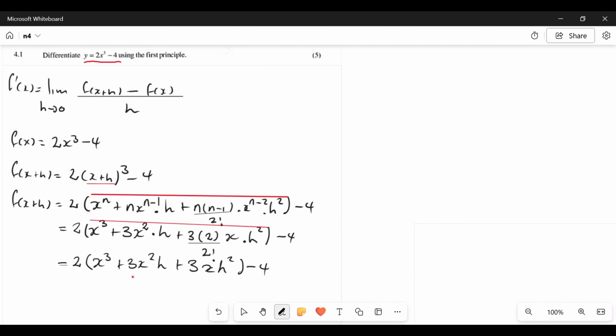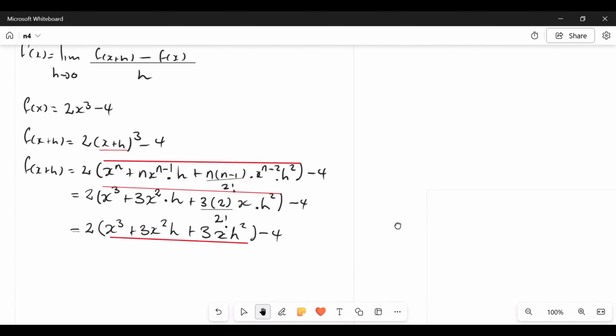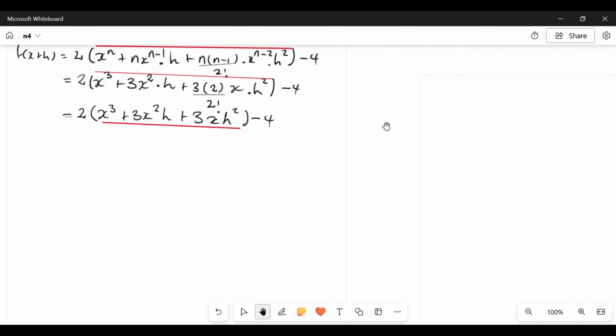So we already simplified this one here. Let me highlight so that you can keep track that this is our x plus h to the power of 3. But let's continue. As we continue here, let me get rid of the bracket. So let me create a bit of space here. If you multiply this 2 with x cubed, we're going to have 2x cubed.